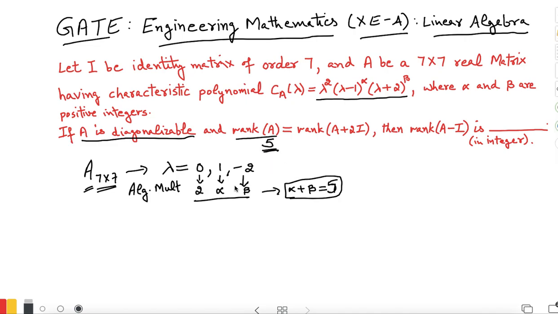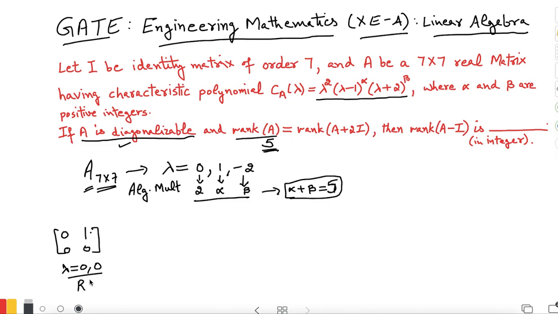Please, this is crucial that A has to be diagonalizable. If A is not diagonalizable, then the lambda equal to 0 eigenvalue will also contribute to rank. For example, if I take the matrix as 0 1 0 0, clearly it has two eigenvalues, lambda is equal to 0, 0, and you can see that it has a rank of 1.